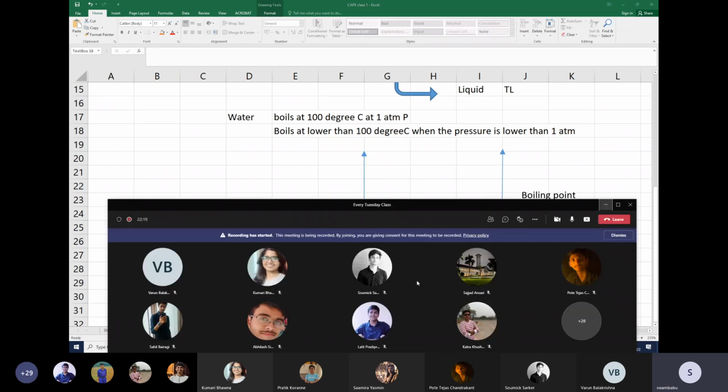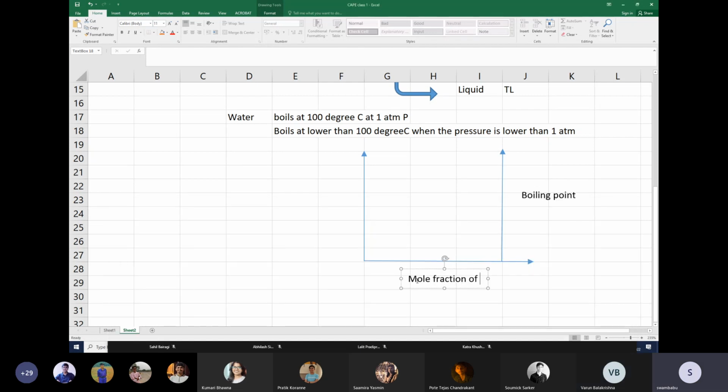High volatile or low volatile? More volatile component. So mole fraction of the more volatile component will be represented in the x-axis.